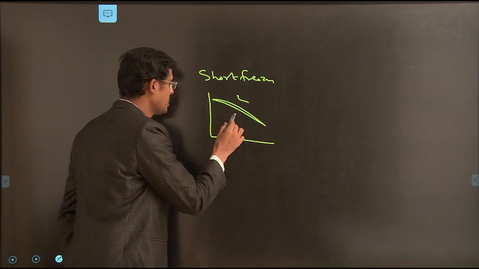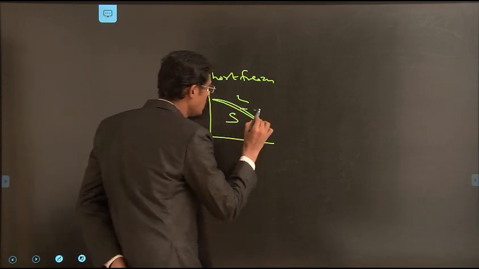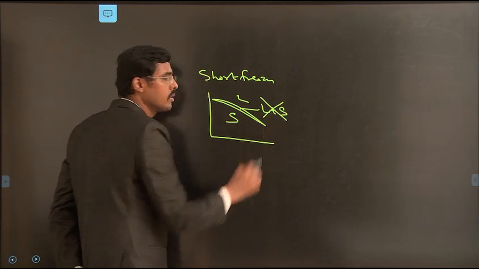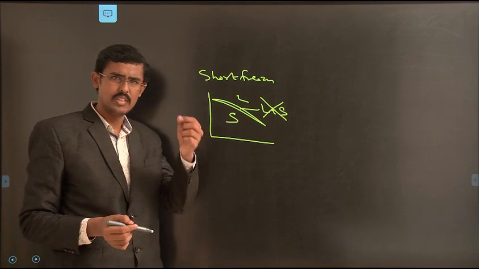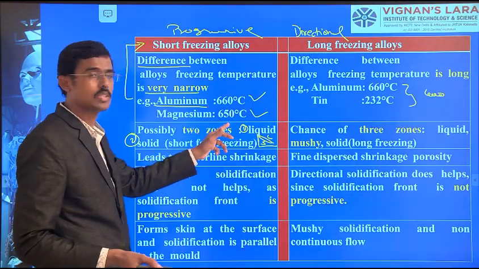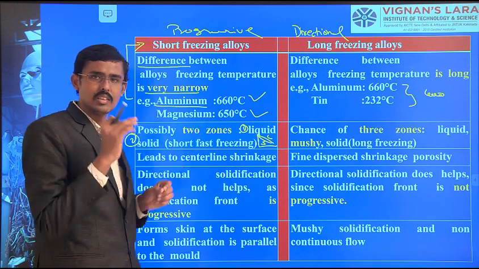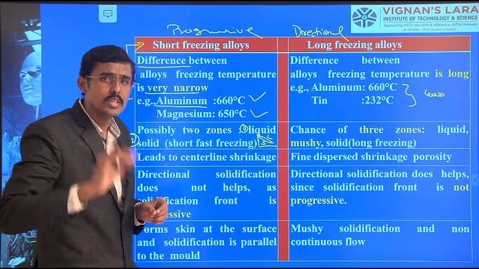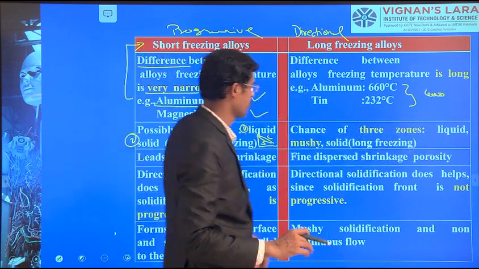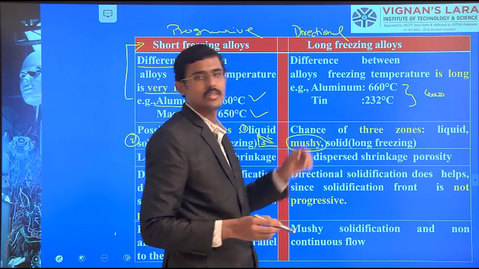It is liquid, it is solid. In between, what should come there? A liquid plus solid zone should be there, but it won't be there because it is very short. Within a few degrees, it forms there, 6 to 640. The alloy system combines in a very near zone, so the third zone, the mushy zone, will not be there. But there is a chance of 3 zones: liquid, mushy zone, and the solid zone.